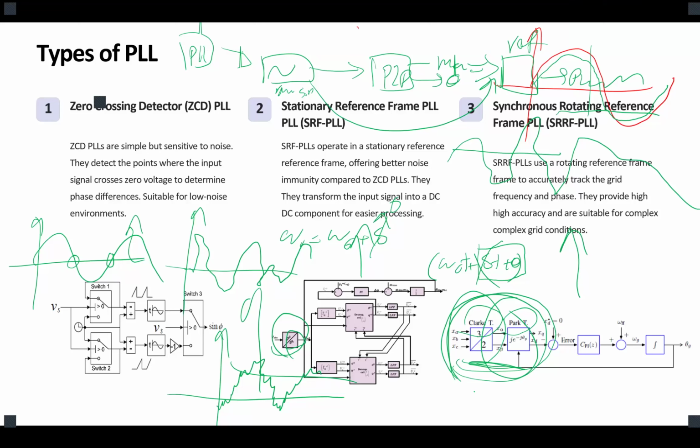However expensive a filter you choose, you will still have variation. It is not perfect. So if you have a lot of harmonics or noise, that's going to be problematic, especially at high frequencies. Even with a low pass filter, at ultra high frequency it would not work.